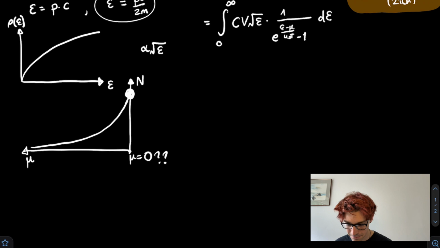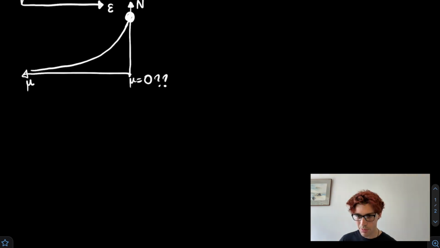So the condition for Bose-Einstein condensation is that mu is equal to zero. That's the thing you have to bear in mind. So now we're going to calculate the total number of particles in a box in this specific case of mu being equal to zero.